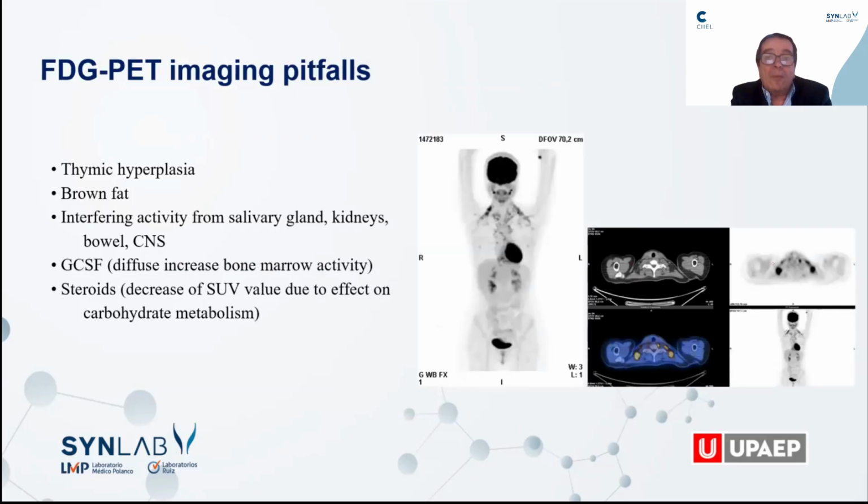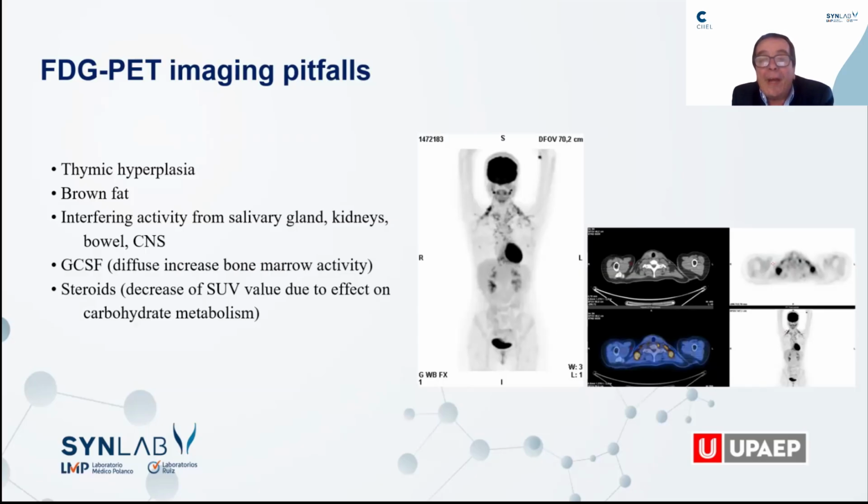On the other hand, we can have findings that can make the evaluation of PET scan more difficult, with interfering activity from salivary glands, kidney, bowel, or central nervous system, or the activation of brown fat.